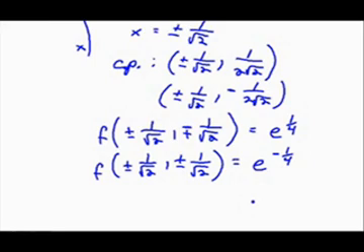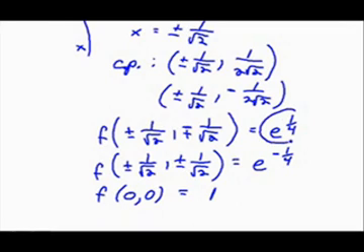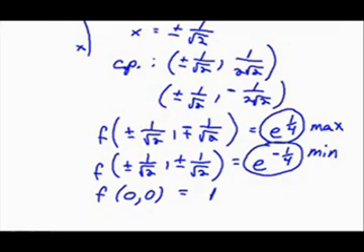If you plug in 0, 0, you get 1. Remember, 0, 0 was our interior critical value. You get e to the 0, which is 1. Okay, so this guy will be the maximum. This guy will be the minimum. And 1 is in between the two, so it's nothing as far as we're concerned, because we're just looking for the extrema.